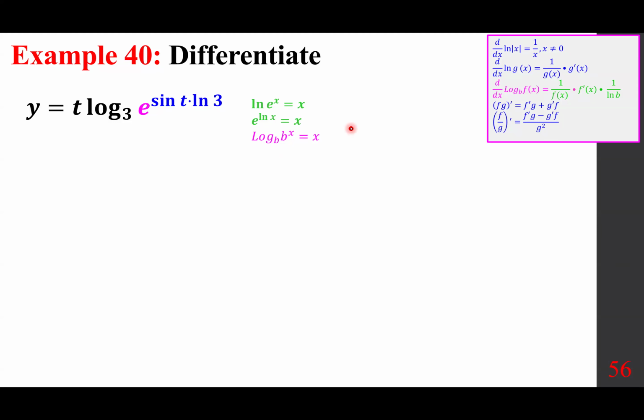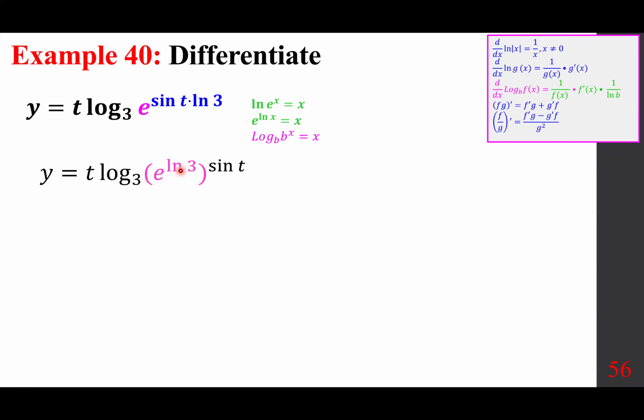So what we notice here is that e has exponent sine t times ln 3. So we put the ln 3 first, and we put this in parentheses. Please understand this part is the same as this part. Why are we doing that? Because e to the power of ln x is x. That means now I'm going to replace e to the power of ln 3 with simply 3.